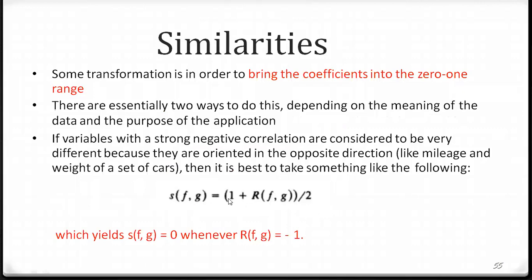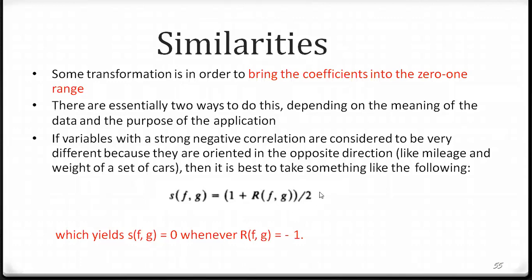For calculating the dissimilarities you use 1 minus. For calculating the similarities you have plus. So when you have a perfect negative correlation, r of f comma g will be -1, but your similarity becomes 0.